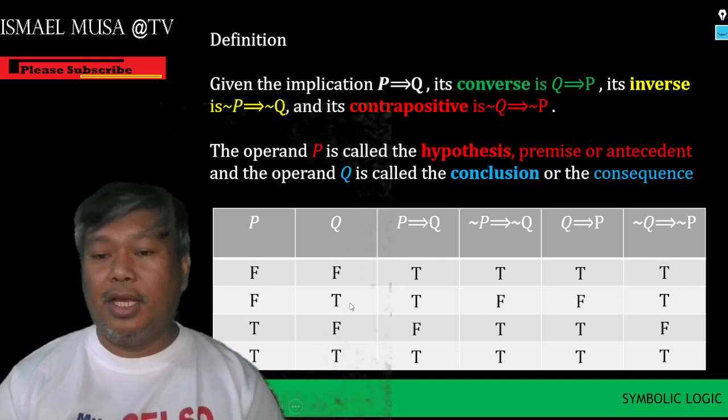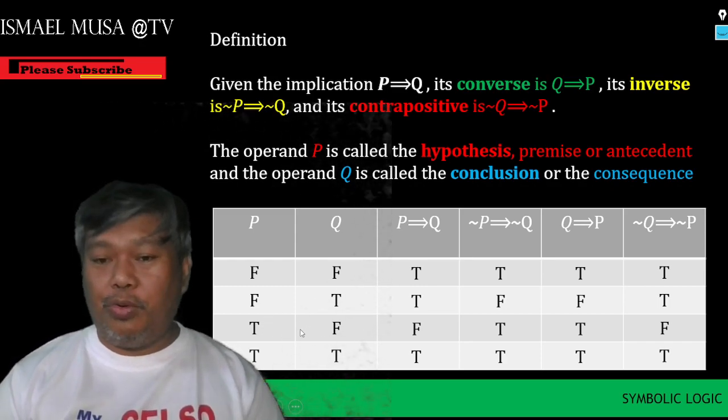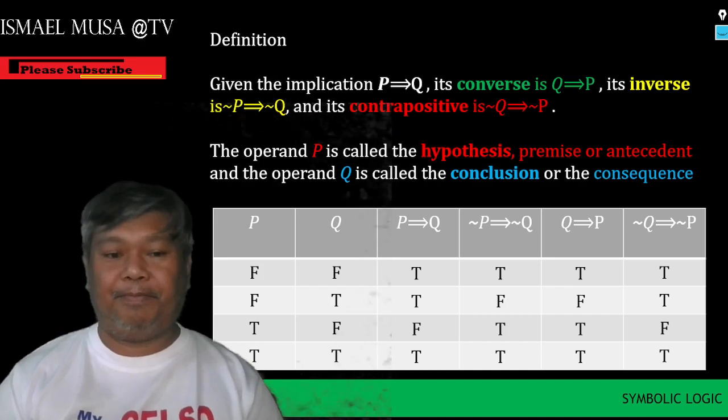Okay? If this is true, the negation is false. If this is false, the negation is true, so we got true. So only in this case it becomes false. Why? The negation of false is true and the negation of true is false. So true implies false, it gives us false. I hope it's clear. Okay?